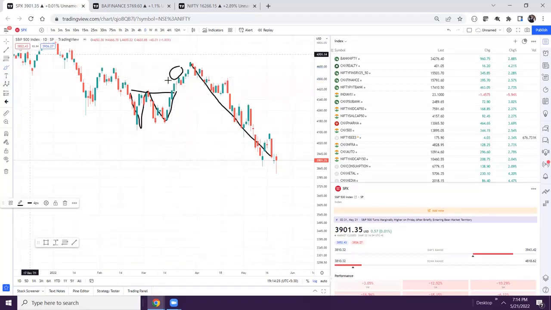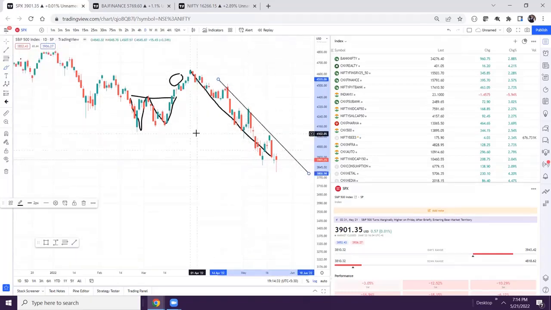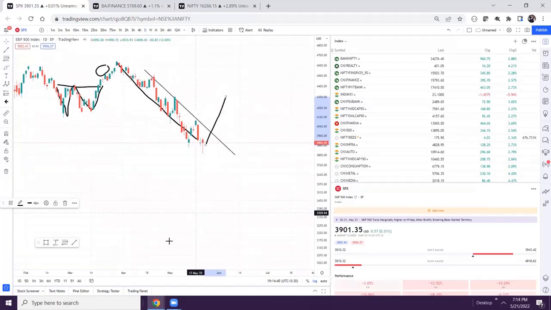Now suppose we get a trend line breakout here. Will you invest or not? Yes, after a trend line breakout on the upside, I will invest, because there is a possibility of the next impulse here. A wave?